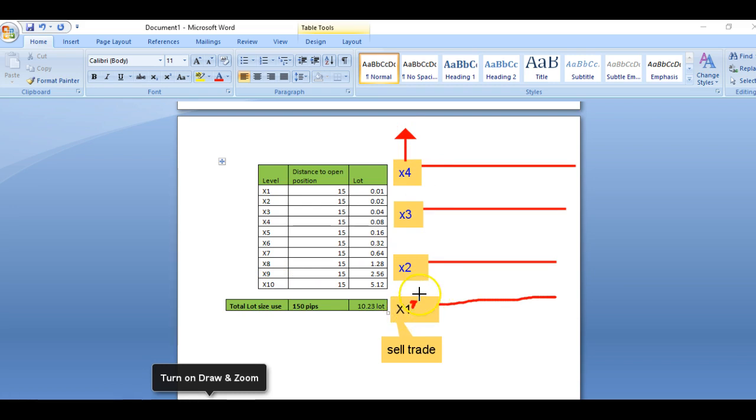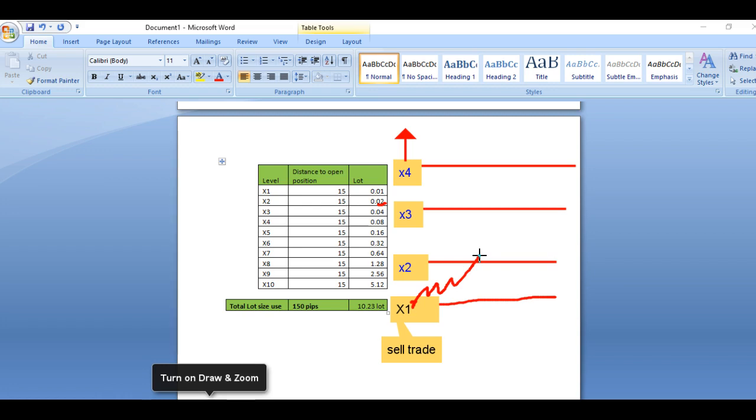So let's say we start here, the sell trade has been losing, and then it triggers your number 2, or x2 lot size, which is 0.02 lot on your cent account.